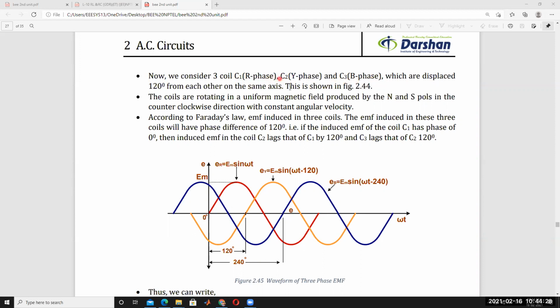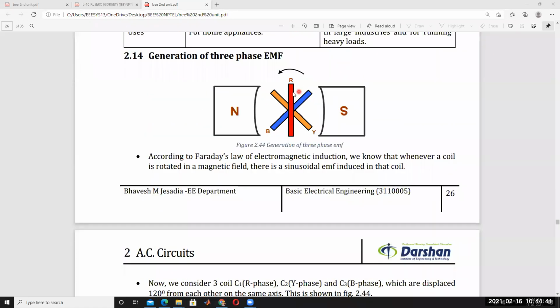C1, C2, C3 are denoted like this, and are displaced by 120 degrees from each other on the same axis. Each is displaced by 120 degrees.